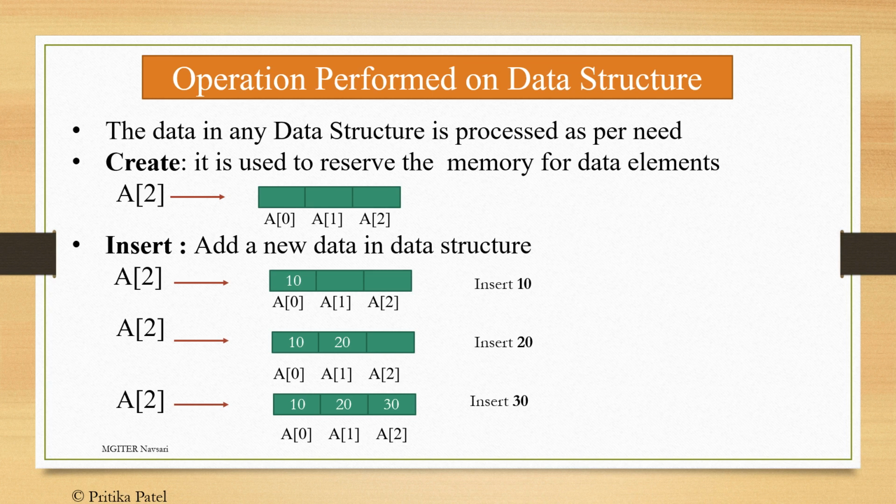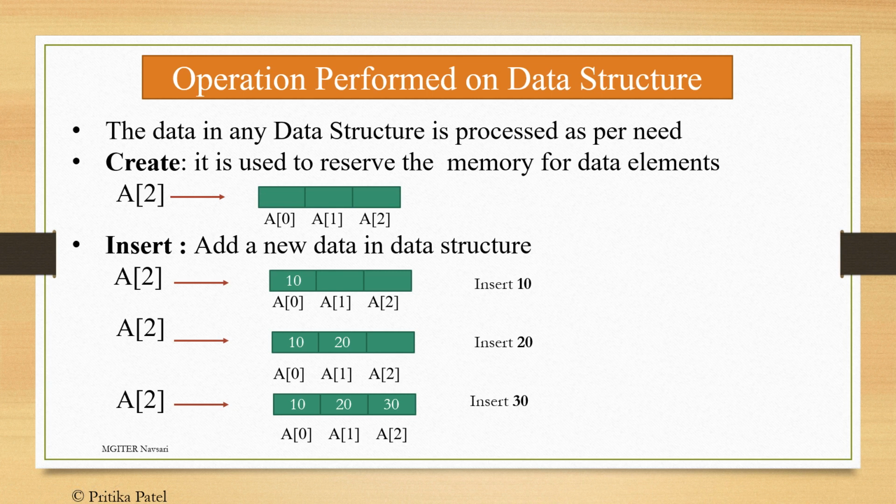Here in this example, an array data structure is given to explain the create operation. An array of size 2, that is a of 2, is declared here, so we can store 3 elements in this array, that is a of 0, a of 1 and a of 2.